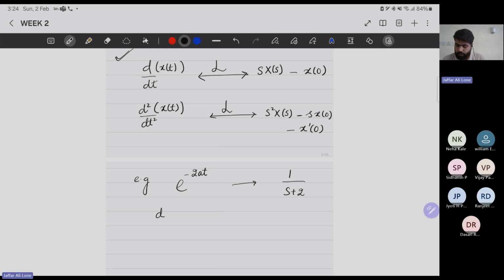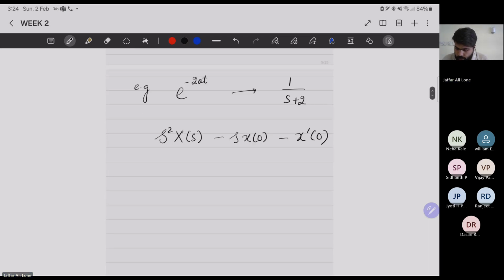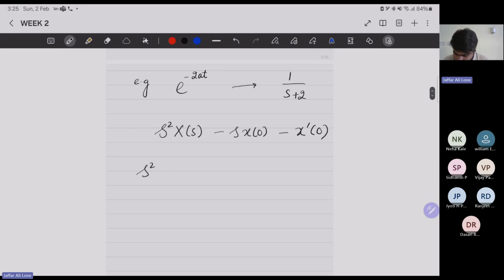So as per this formula, it will be s square X(s) minus s into x naught minus x dash of 0. You know what is s square, and you know what is X(s): that is 1 divided by s plus 2, minus s into x naught minus x dash at 0.